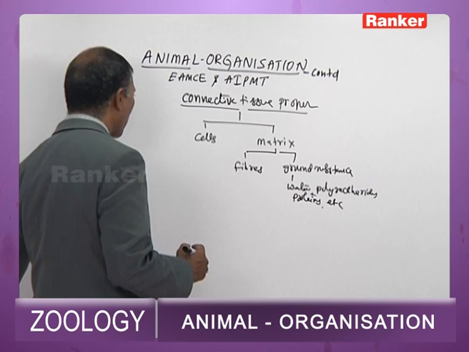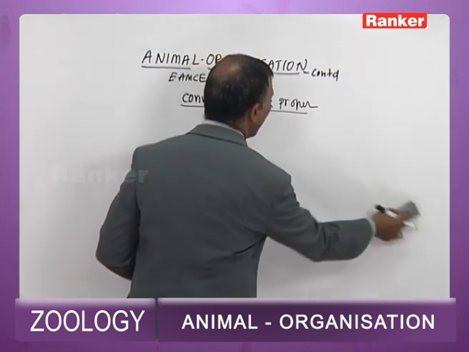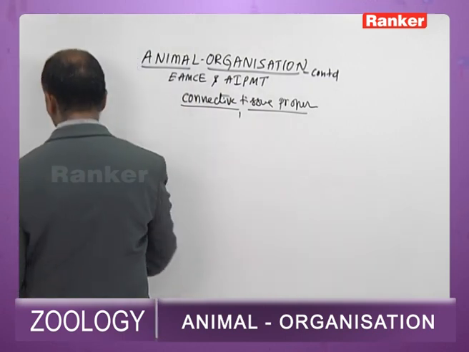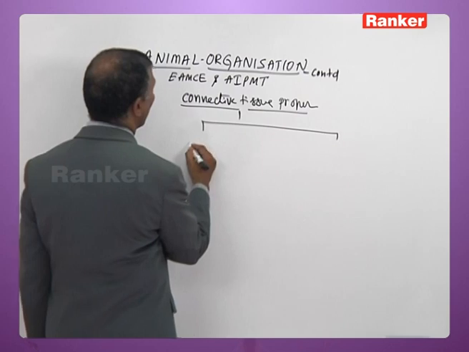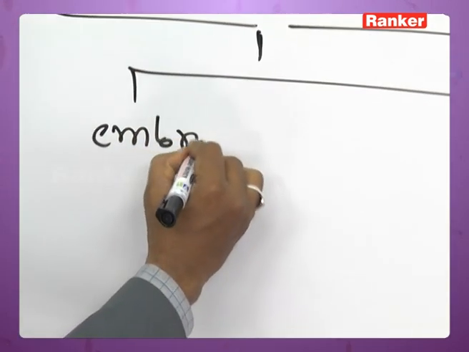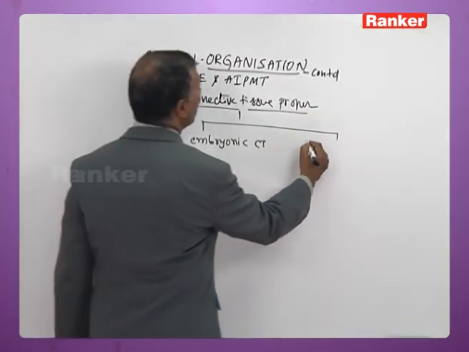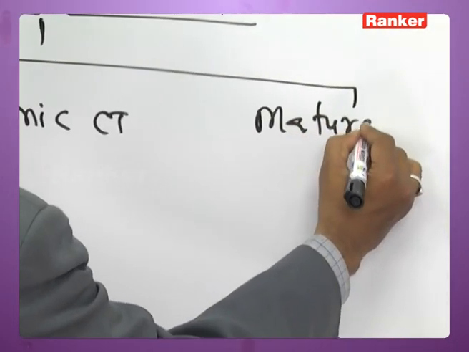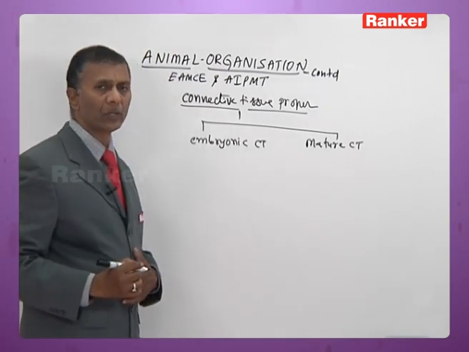Now the connective tissue proper, on the basis of nature of matrix here now, is divided into two types: embryonic connective tissue and mature connective tissue.